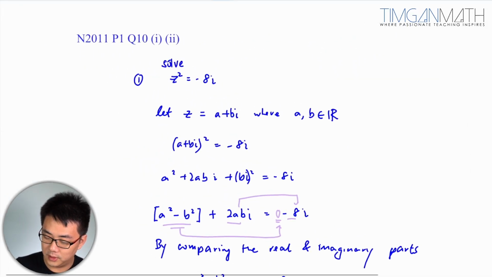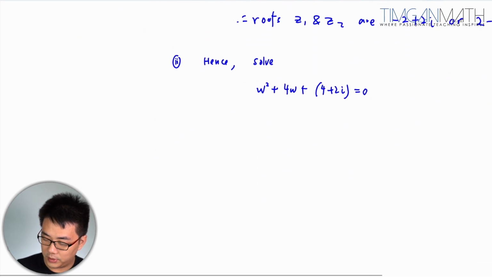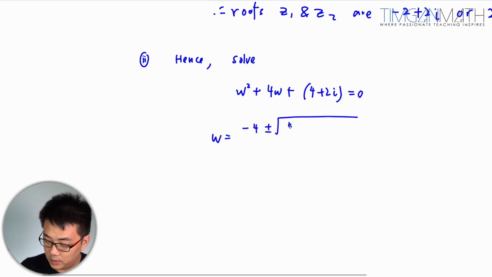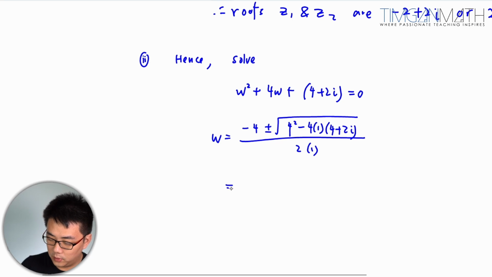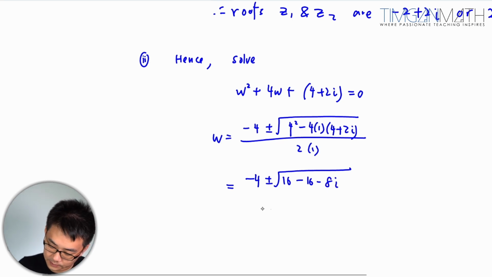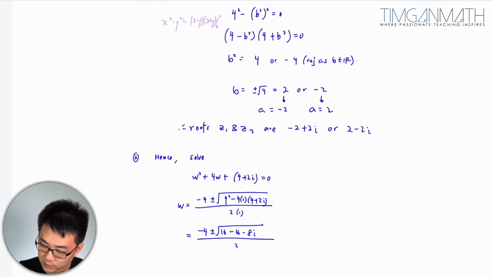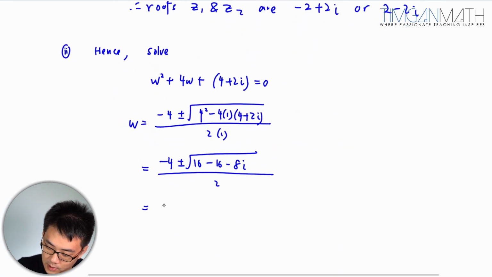The first part helps here. Looking at this equation, it is a quadratic, so we could just use w equals negative b plus or minus the square root of b squared minus 4ac, over 2a. We slowly solve this: negative 4 plus or minus the square root of 16 minus 16, then after which we get negative 8i, all over 2. Now the square root of negative 8i is given by the first part.